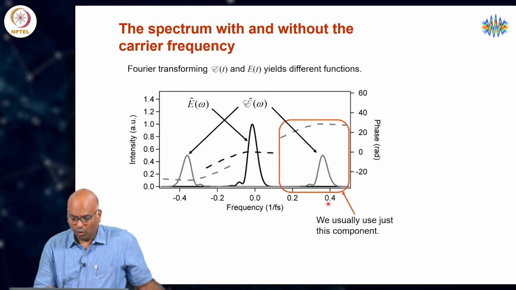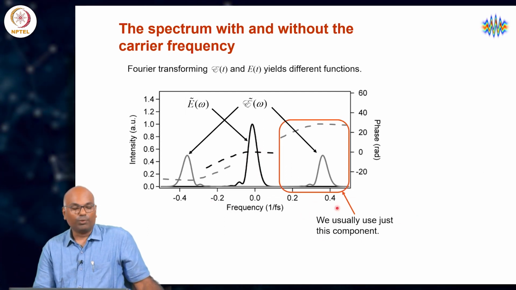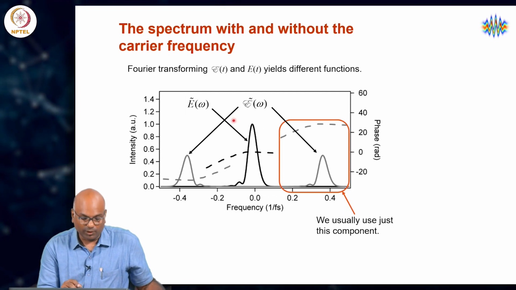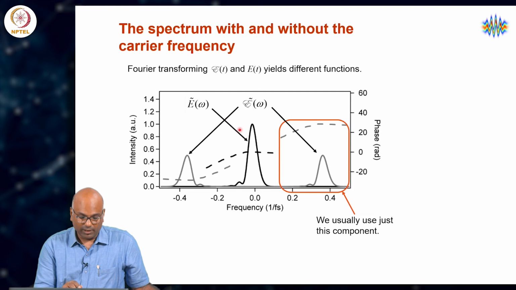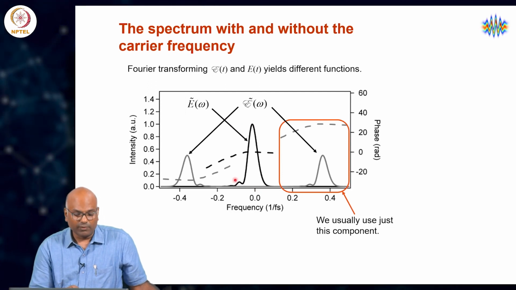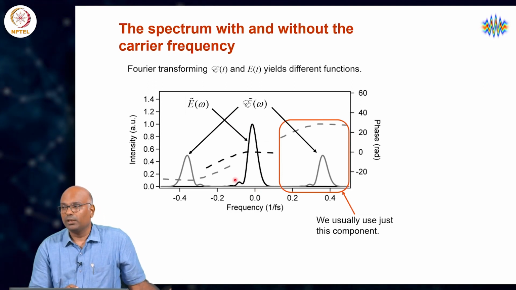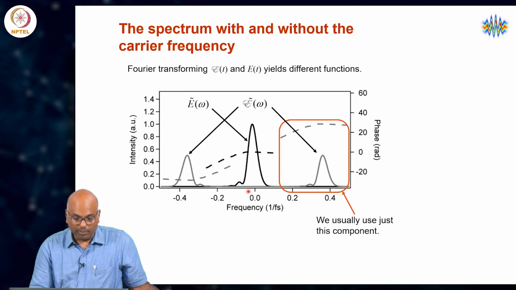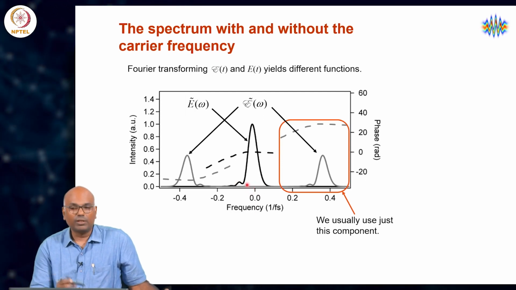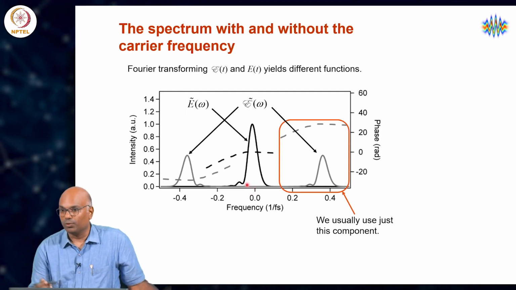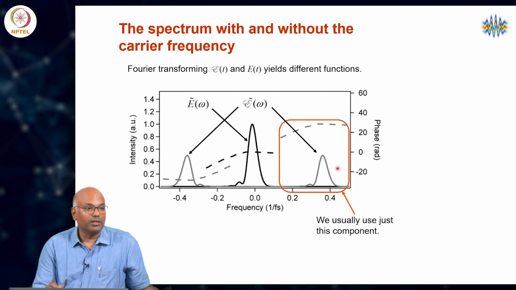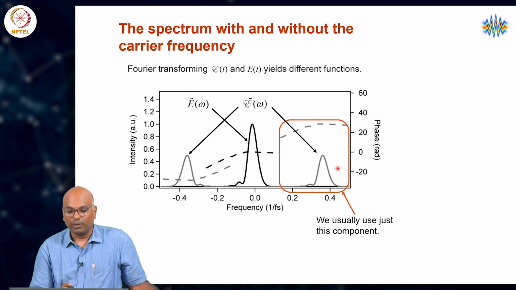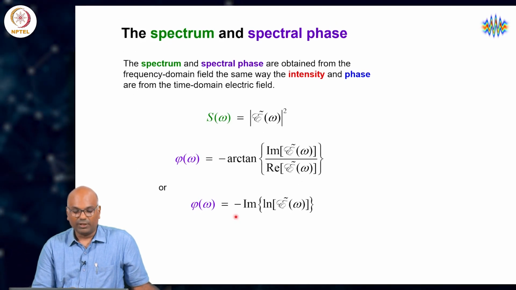Okay. Normally, we tend to use just this component, albeit sometimes you can find in literature the way things are written. You can also find descriptions where we essentially describe everything about a central frequency which is zero, which is sometimes what we are also going to do in this course. So I'm just trying to build your awareness about what is what, so that you can move across various definitions.